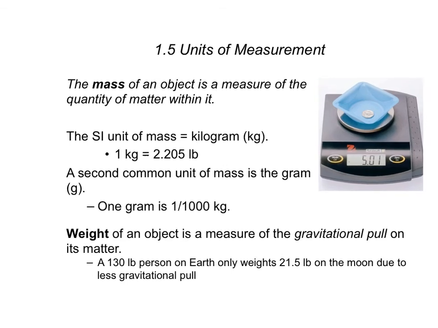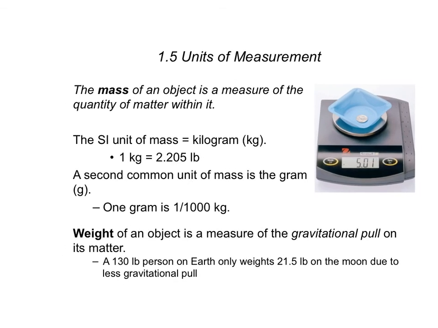Next is how we measure mass in the SI system, okay? Thinking about the metric system, how would you measure the mass of something? Grams, right? That's close, but actually the base unit for the SI system of measurement is the kilogram, okay?